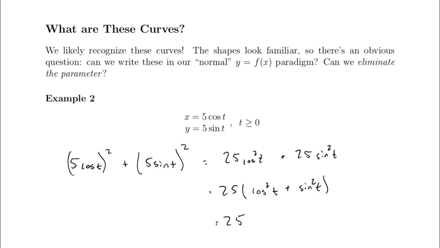So what we've just shown then is that x squared plus y squared equals 25. Or we could say, hey, doesn't that mean x squared plus y squared equals 5 squared, right? That's our radius on this thing, just like we found. We'll leave it as 25. But that's a nice equation of a circle that we have. There are some other things that you can do here.